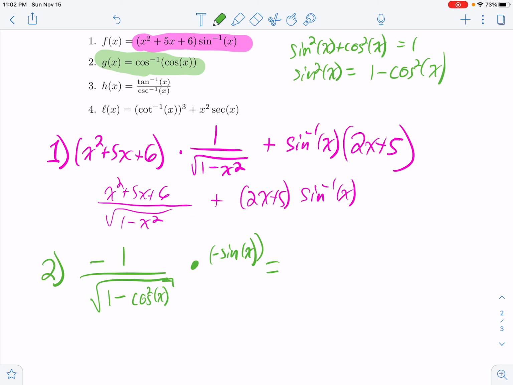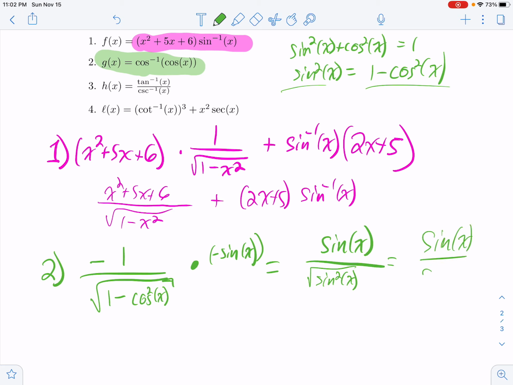Firstly, the top being multiplied here is going to be sine of x. That's the numerator of my fraction. And 1 minus cosine squared, we said, is sine squared. So this bottom is going to be the square root of sine squared of x, which is sine of x. The square root of sine squared is sine of x. And this is actually equal to 1.